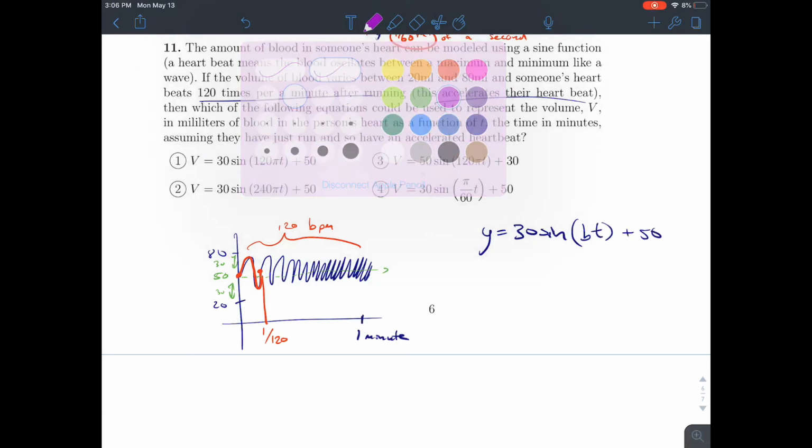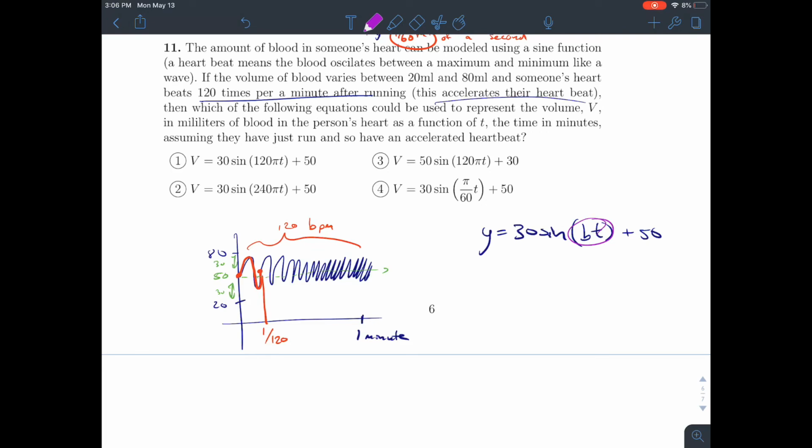Now in order to find b, we have to say that b times 1/120 is equal to 2 pi, and then we multiply by 120 on both sides, and we're left with b is equal to 240 pi. And that would give us our final answer here.